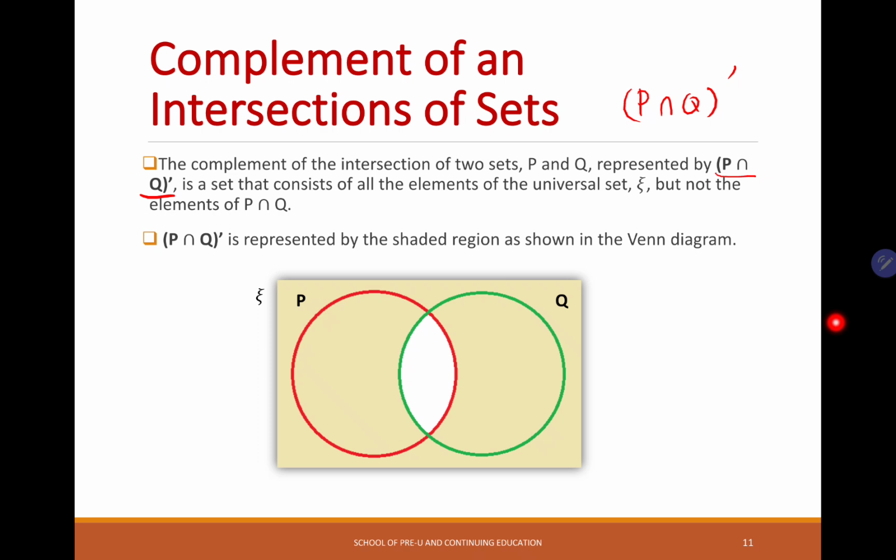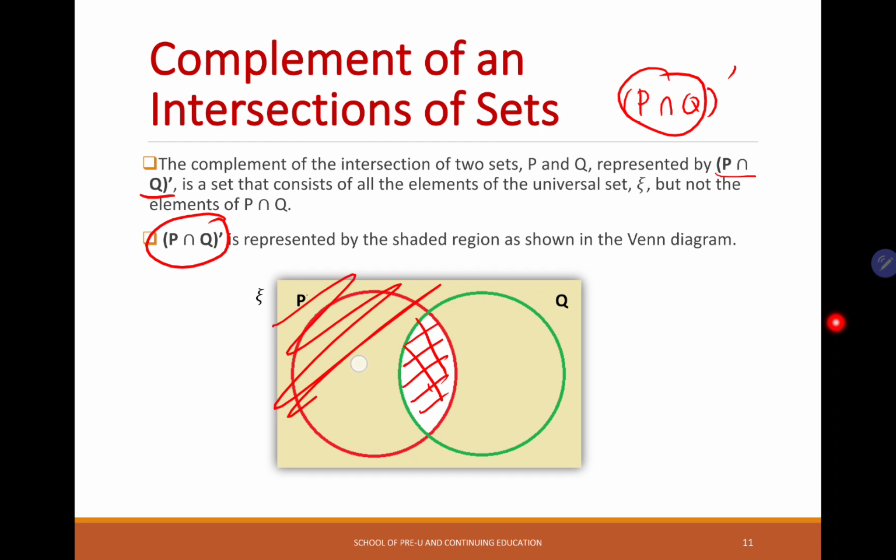It is the set of elements that are not in the intersection of P and Q. Basically here we intersect this value, right? We intersect P and Q. But what does it mean by complement? It is everything other than the part that intersects. Supposedly the P and Q intersection is here, right? But for the complement, it is the part that is not in the intersection. So basically all of this.